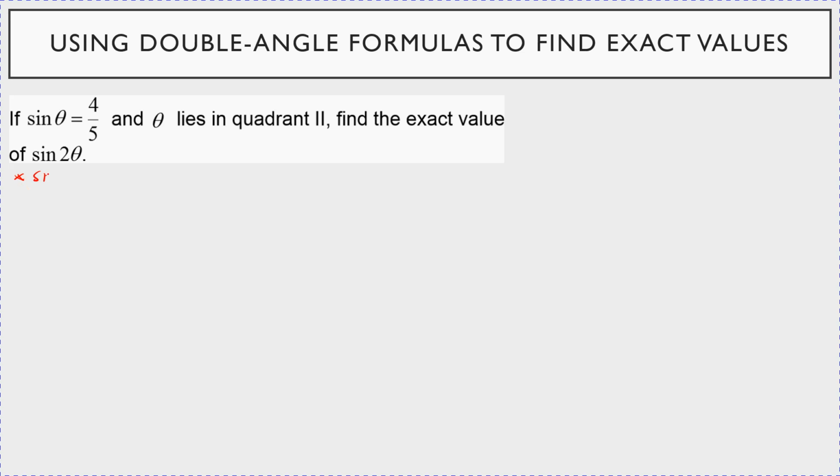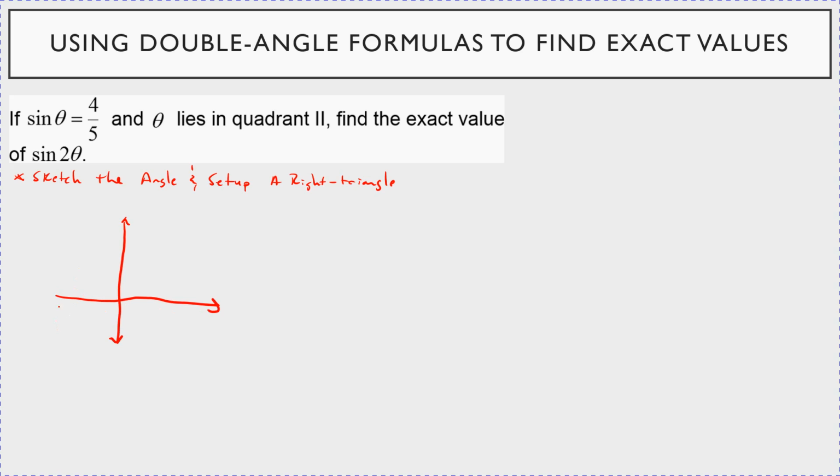The first thing you need to do is sketch the angle and set up a right triangle. It's a quadrant 2 angle.